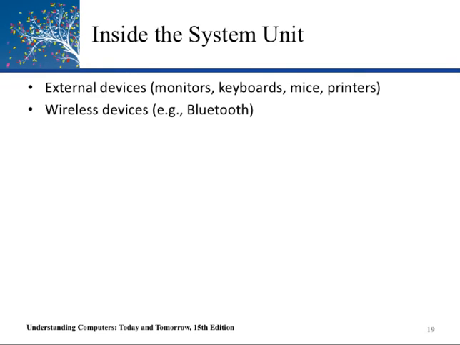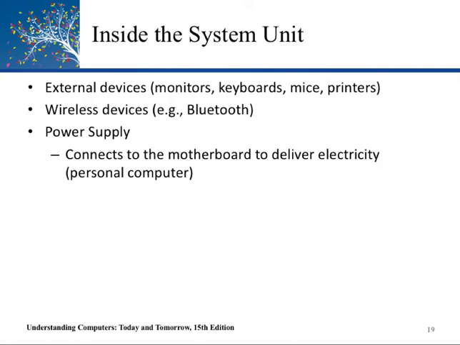We have external things like a monitor, keyboard, mice, and printers. And mostly the external stuff is either input or output. The monitor is output. The keyboard is input. The mouse is input. The printer is output. We can do wireless devices such as Bluetooth and even Wi-Fi. We have the power supply in there, which is what gets power to the motherboard.